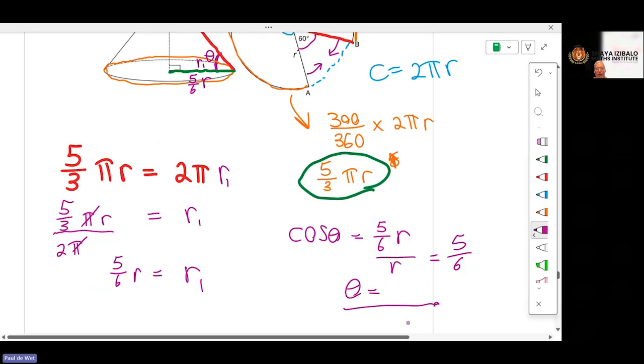Shift cos of 5/6. Just shout it out loud so I can hear. 33.6 degrees. Okay, I've rounded it off. So that was probably not a great question to end with, actually. It's quite a tough one.